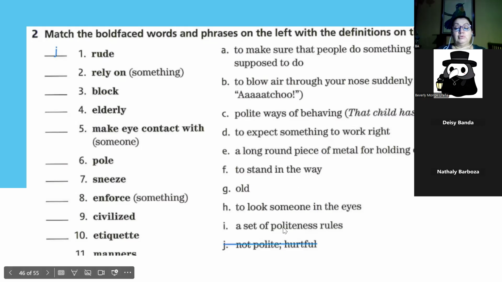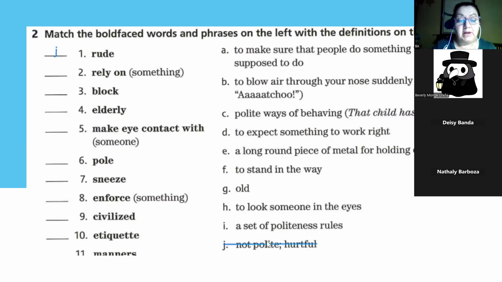Old, to look someone in the eyes. A set of politeness rules, and not polite and hurtful. Okay, so number one is completed. Rude, something rude is not polite or that is hurtful. Okay, a person that is rude is not polite. Okay, let's match.